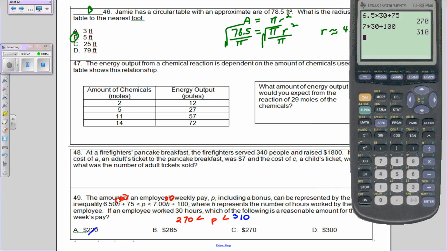Well, 220 is too low, 265 is too low, both 270 is the low, and 300 somewhere in between. So this is your best answer because it's in between, since this is your low amount. And it just said less than, so we got to be greater than 270.